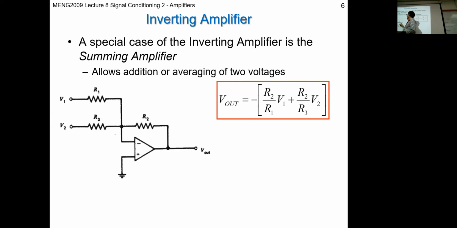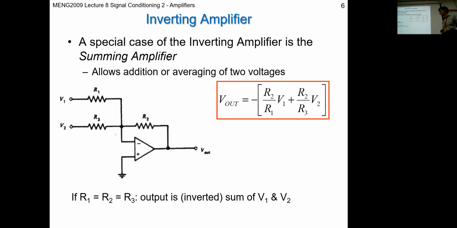So the gain of the V1 path is going to be V1 times minus R2 upon R1. The gain of the V2 path is going to be minus R2 upon R3. Right, so you basically just get the average of these two.